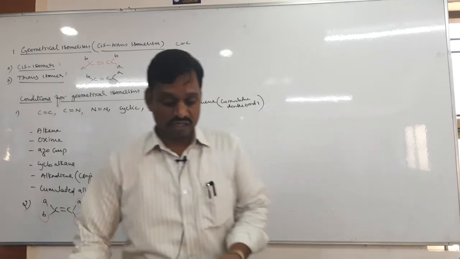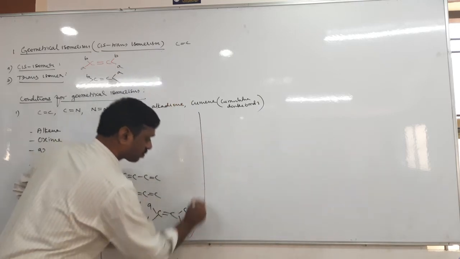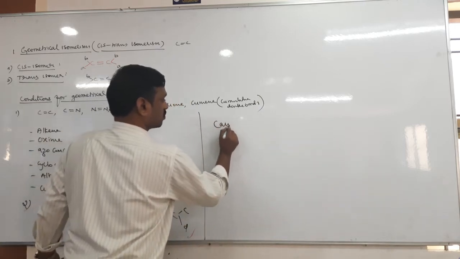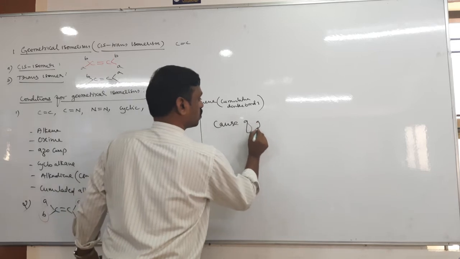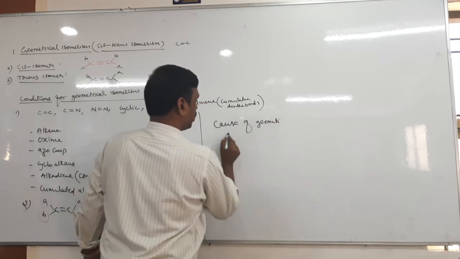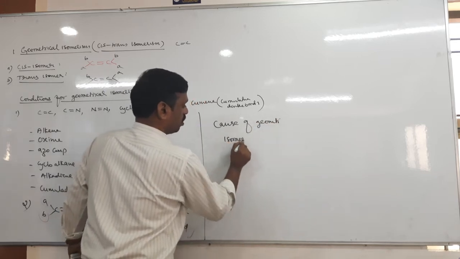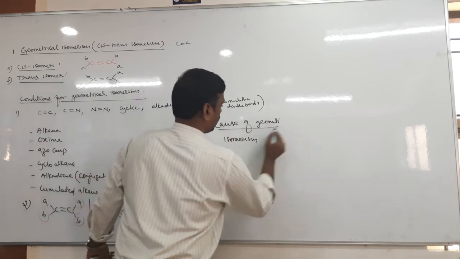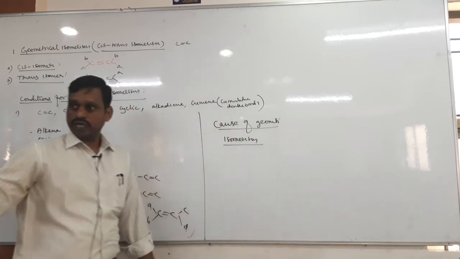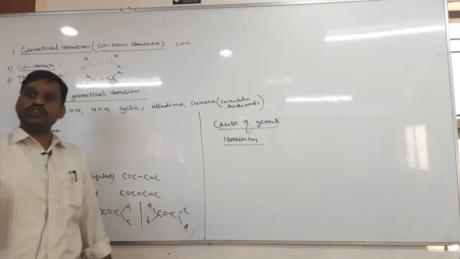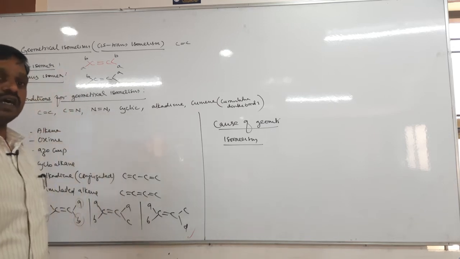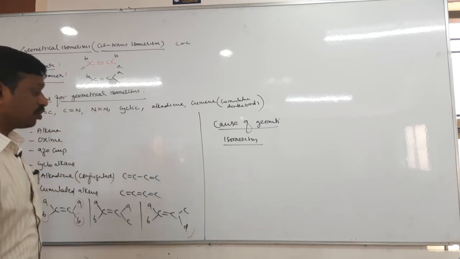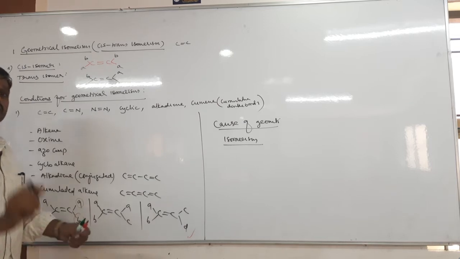Then what is the cause of geometrical isomerism? Yes, it is the restricted rotation around the carbon-carbon double bond. The rotation around the carbon-carbon double bond is restricted.